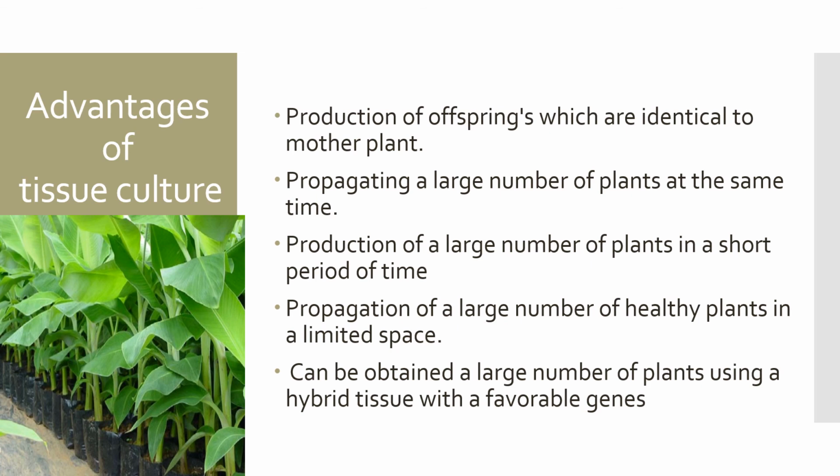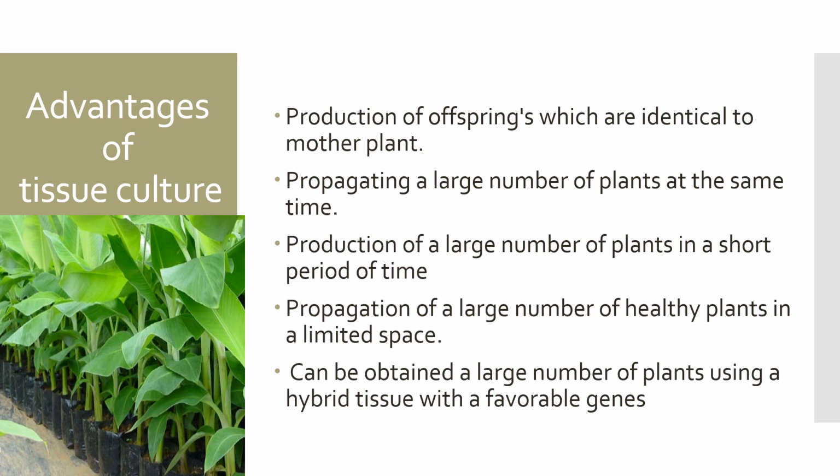So instead of using a tissue obtained from just a mother plant, we can use a hybrid tissue, that means a tissue containing mixed characteristics. We can use a few plants and add their characteristics together in a hybrid tissue, and we can grow and develop that tissue into new plants using tissue culture.